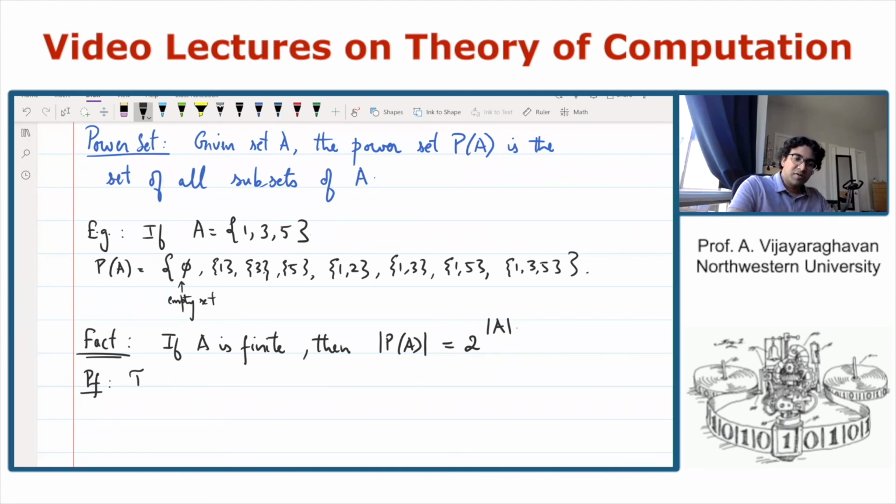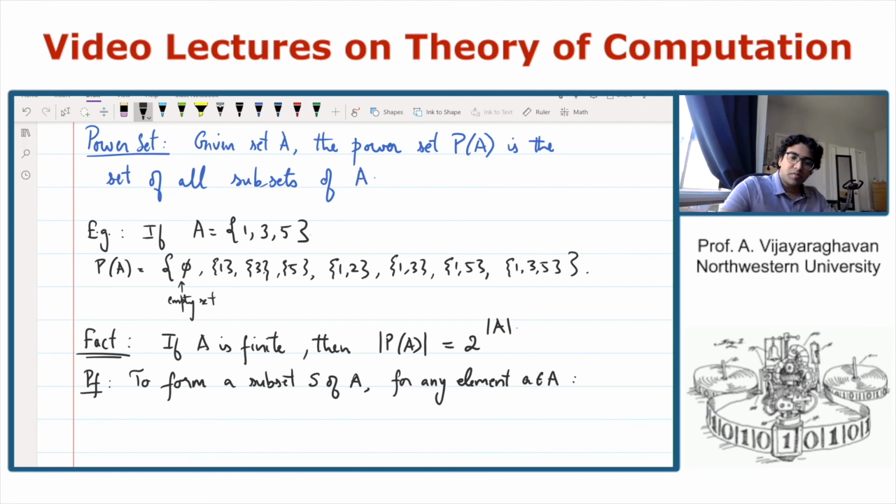So to form a subset S of A, for any element of A, there are really just two choices.